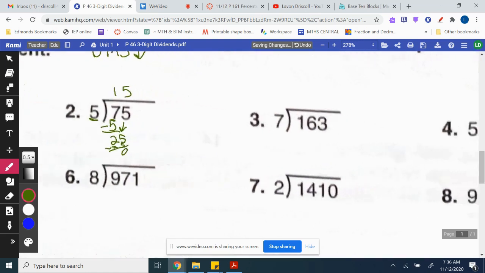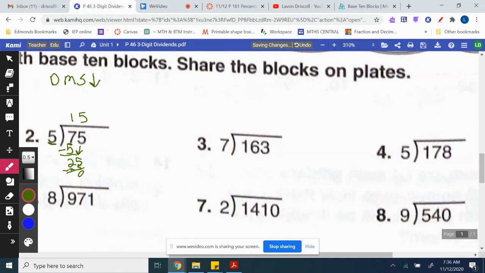Let's try number 3, doing the divide, multiply, subtract, bring it down method. 7 doesn't go into 1, so I have to go next door. How many times does 7 go into 16? Well, 7 goes into 16 twice. That's my division. 2 times 7, that's my multiplication, is 14. Now I subtract, and I get 2 left over.